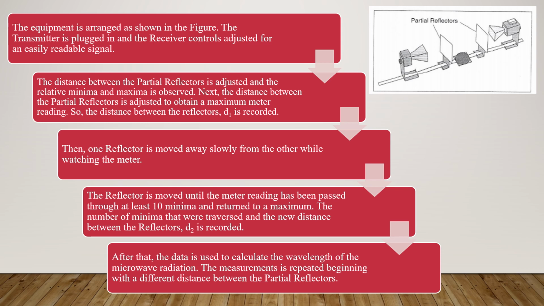The number of minima that were traversed and the new distance between the reflectors, which is d2, are recorded. From that data, we can calculate the wavelength of the microwave radiation from the previous formula.